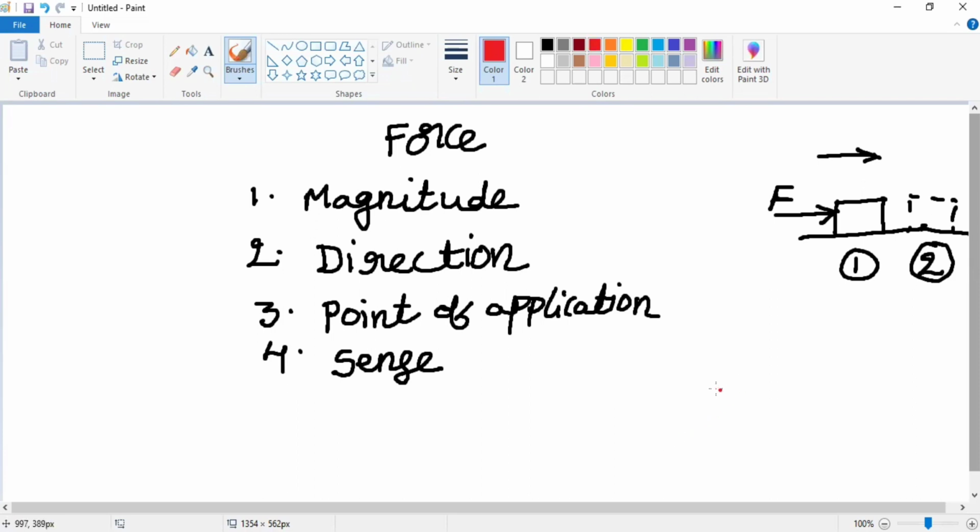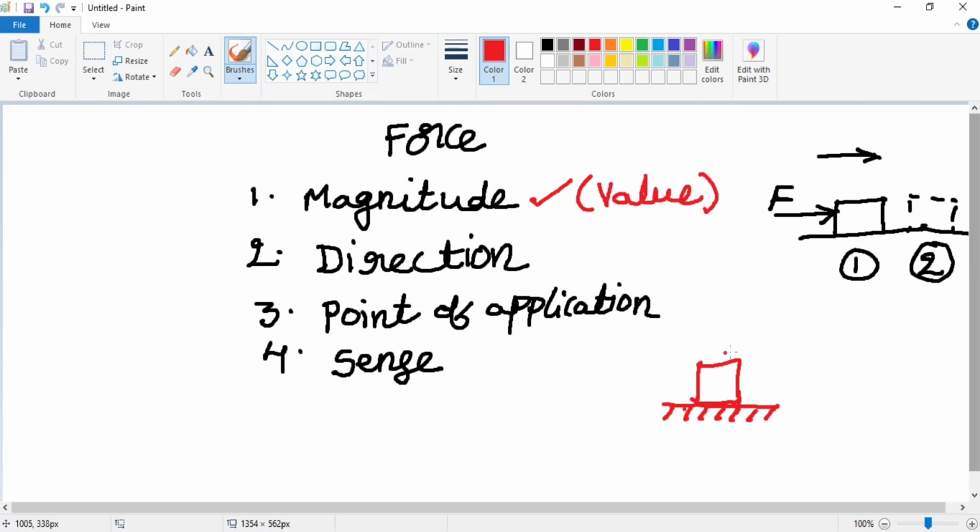Suppose once again I am considering an object or a body on a plane. First, let us discuss magnitude. Magnitude is nothing but the value of the force.